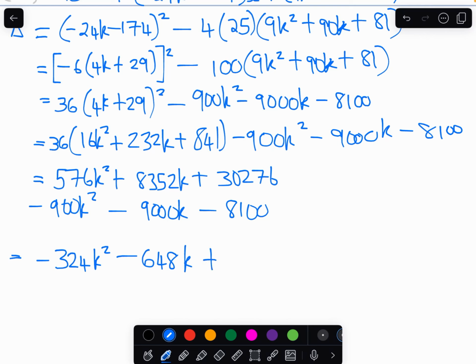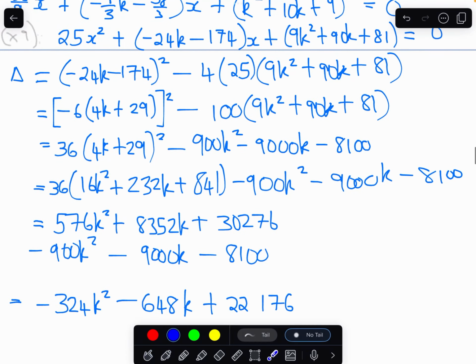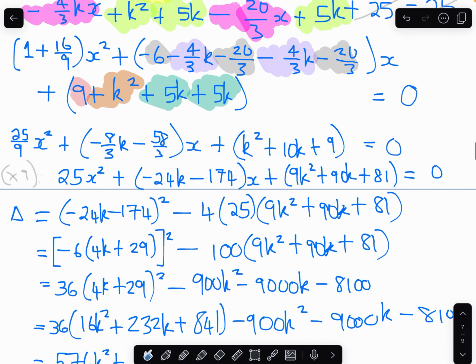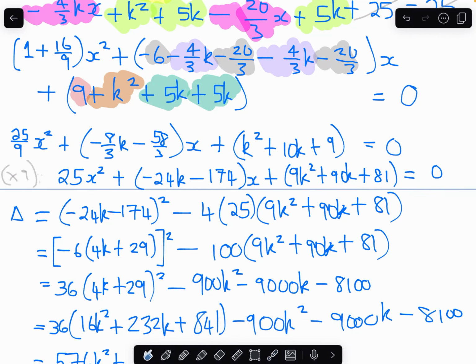And then over here we shall have 22176. So the long and the short is, this is the discriminant for this equation. The discriminant for this equation, I imagine, would be, if we divided, I don't know.